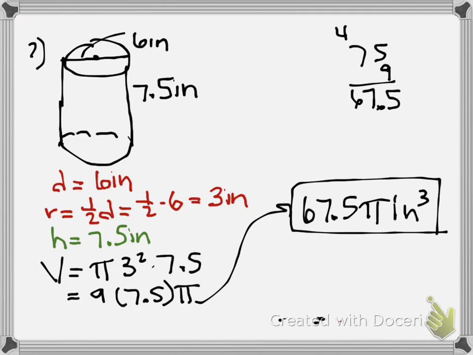So let's try a cone. So again, the math isn't that bad. And let me find a good example here. So on the third one, let's draw a cone a different way.